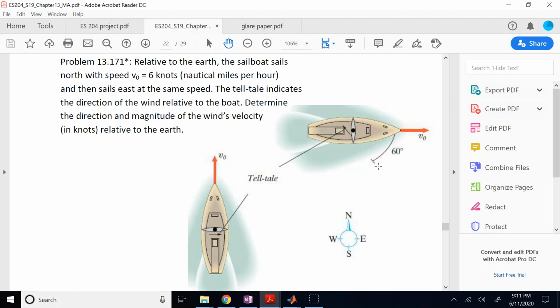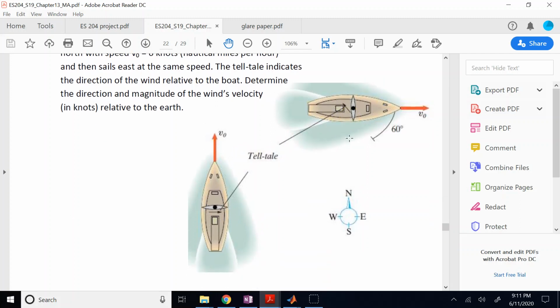Okay, so if I have this info, I want to know the direction and the magnitude of the wind speed with respect to the earth, not to the boat, the earth. Okay, so what is that? Because, for example, if this person wants to report the direction of the wind so that other people can use it, in this position 1, he cannot say the wind is blowing from west to the east.